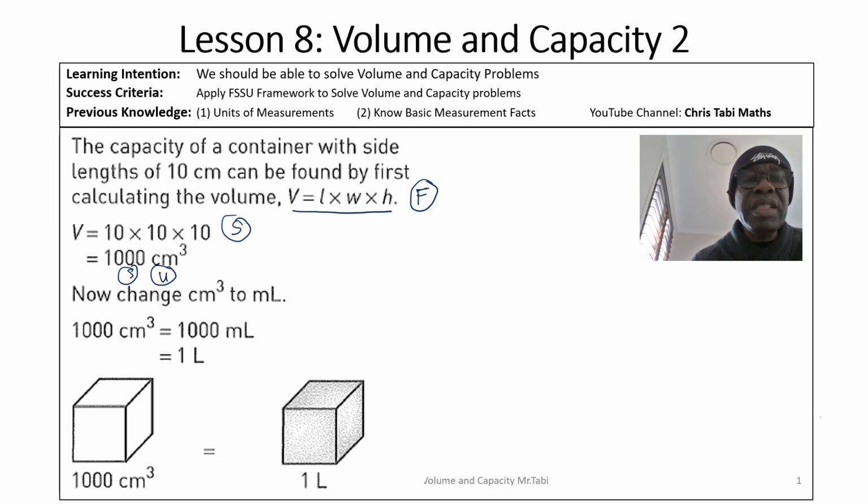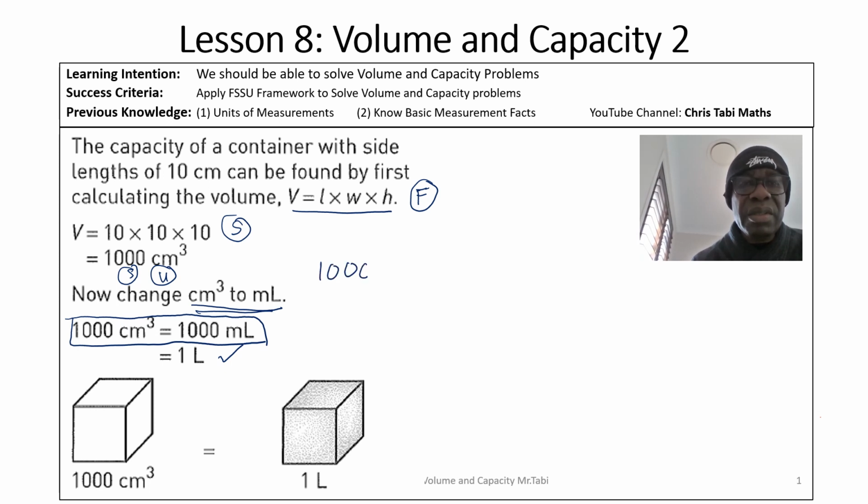Now we need to change the cm cube to milliliters, and the conversion factor is simply 1,000 cm cube is equal to 1,000 milliliters. So 1,000 cm cube is equivalent to 1 liter.